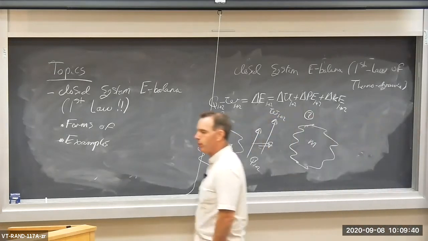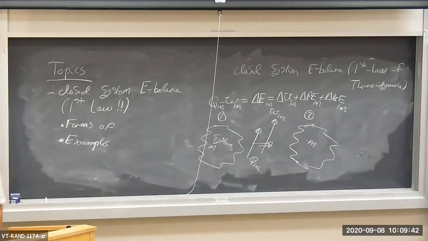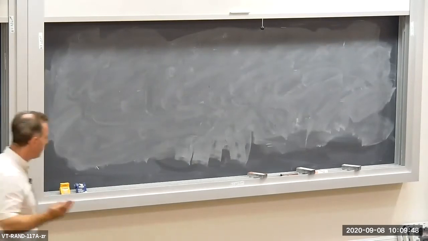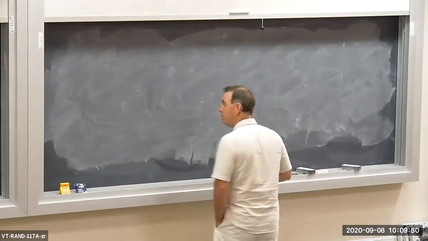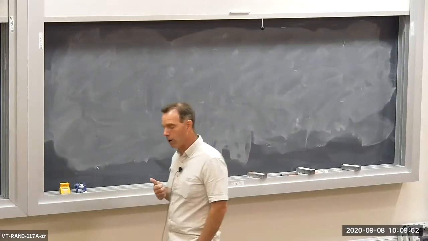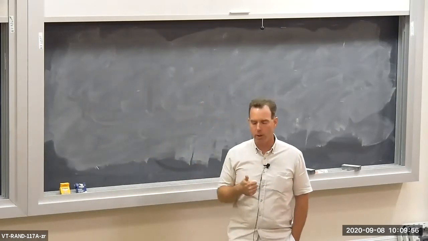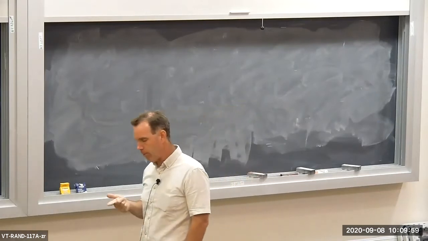Now let me show you all the various forms of the energy balance. There are many different ways to write the energy balance, just like there are many different ways to write bases of heat transfer and work. Remember we had that table the other day? We had heat per unit mass.